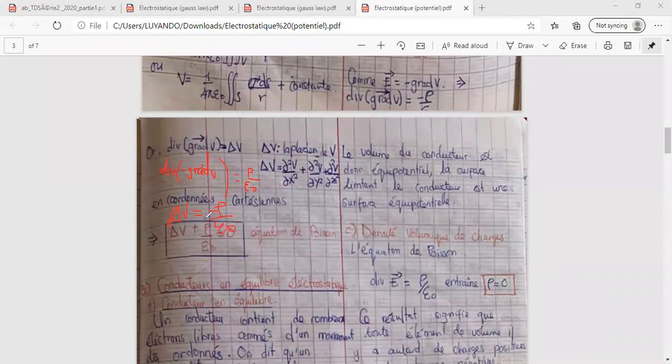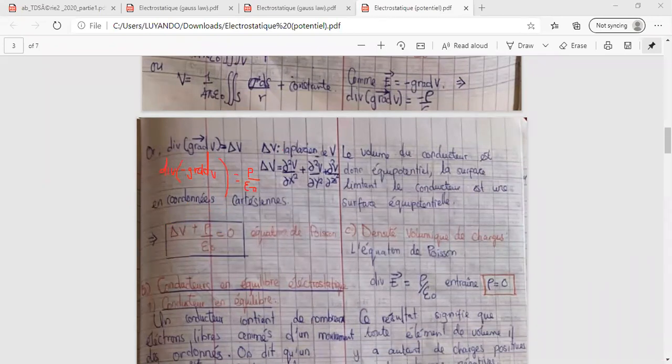When we take the negative rho over epsilon 0 to the other side, we have the Laplacian of V plus rho over epsilon 0 equals 0, which is our actual Poisson equation. So if they tell you to calculate the potential using the Poisson equation, you know which one is the Poisson equation and where it's from. So we have this as the Poisson equation.